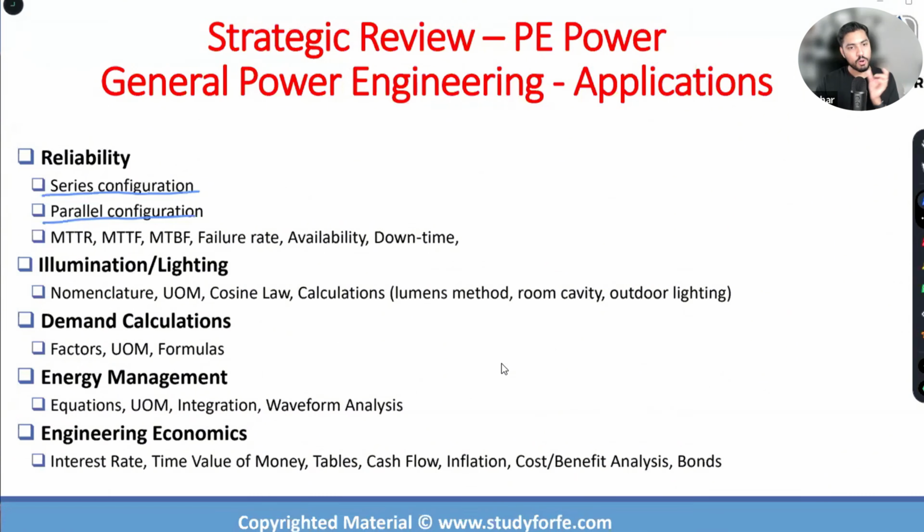If you have multiple components that are connected in series, what happens? What happens in series, guys? Is the reliability of the overall system greater than the reliability of any individual component?